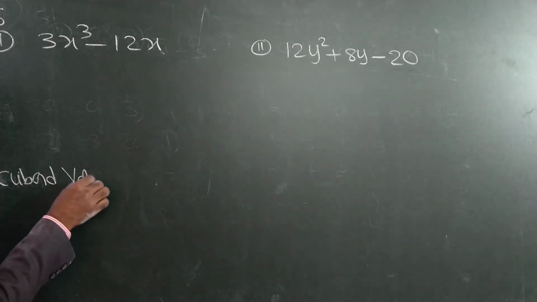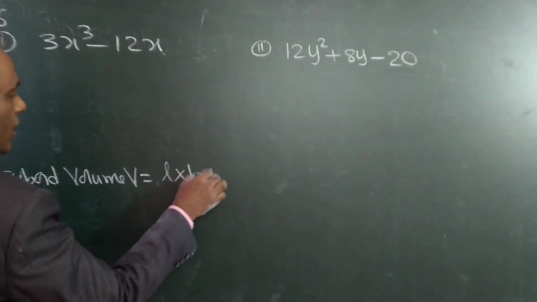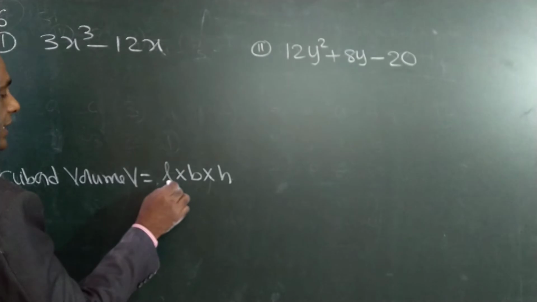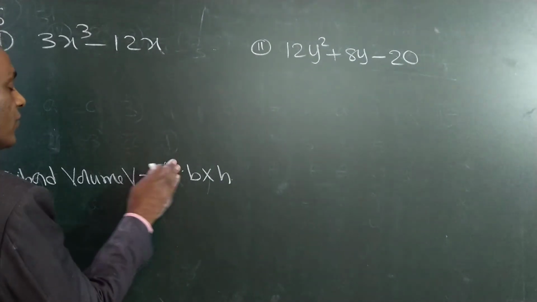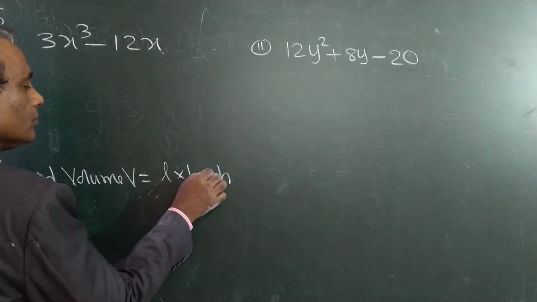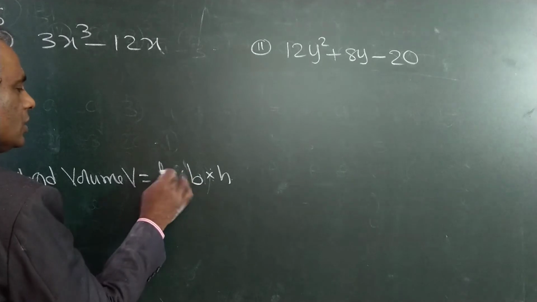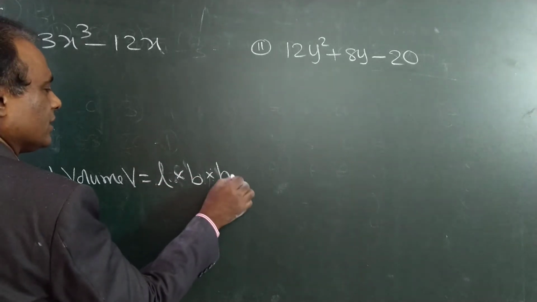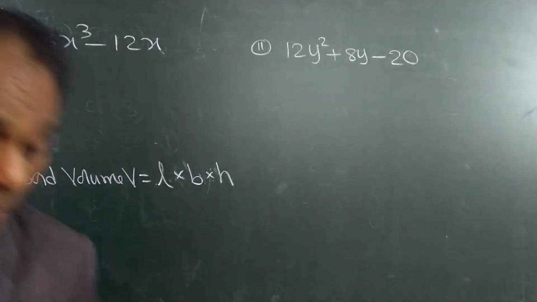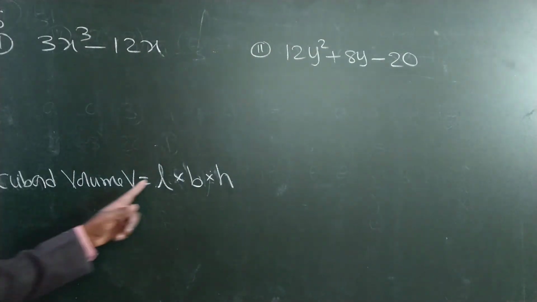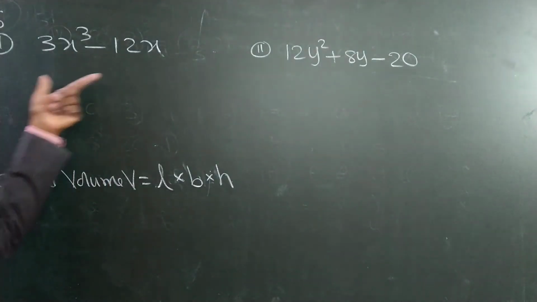The volume of the cuboid formula is length into breadth into height, L into B into H. Three values we have to get, so three factors we have to get.